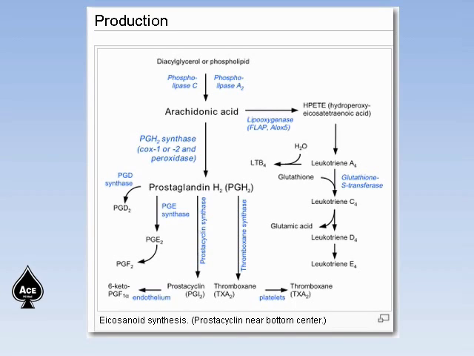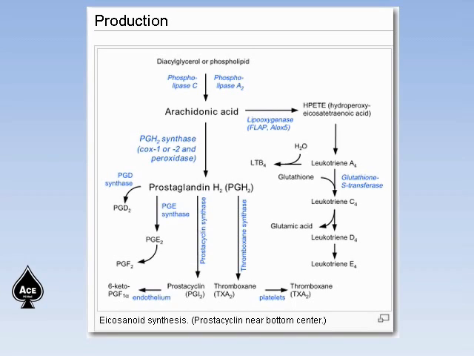The arachidonic acid can also be converted by lipoxygenase, FLAP and ALOX5, to HPETE, that is hydroperoxyeicosatetraenoic acid. Then it becomes the leukotriene, which with glutathione, through the glutathione S-transferase enzyme, becomes leukotriene C4.